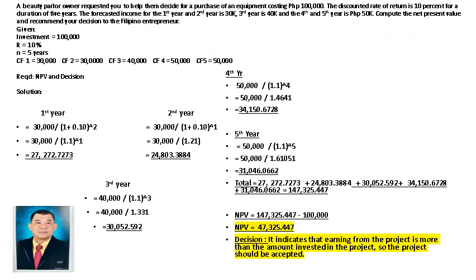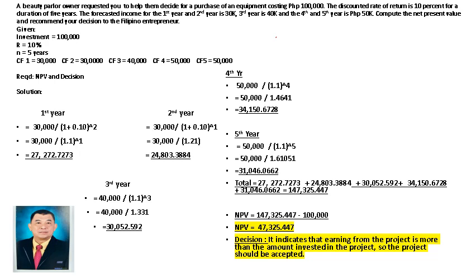So let's start here. I have a realistic example. The word problem is this. A beauty parlor owner requested you to help them decide on a purchase of equipment costing 100,000 pesos. So the cost of the equipment for that beauty parlor will be 100,000. That is a cash outflow because that is an investment, the cost of initial investment.